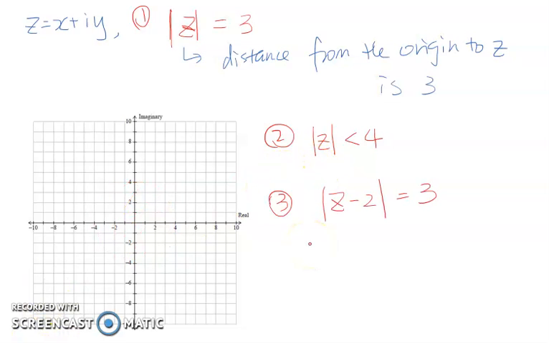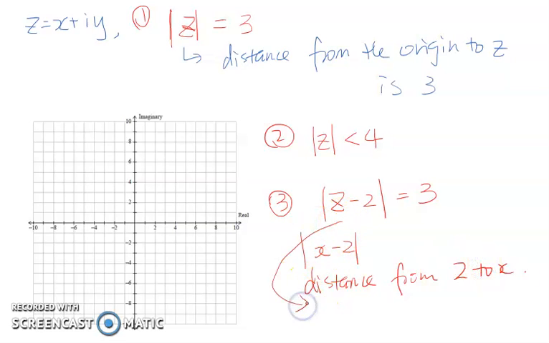Let's have a look at example 3 here. The modulus of z minus 2 is 3. Now, if you remember from the previous example, we say that z minus 2 actually means the distance from 2 to z. So we can use the same way to interpret this. This is the distance from 2 to z. So now it starts at 2. We know that 2 is here, and the distance is 3.